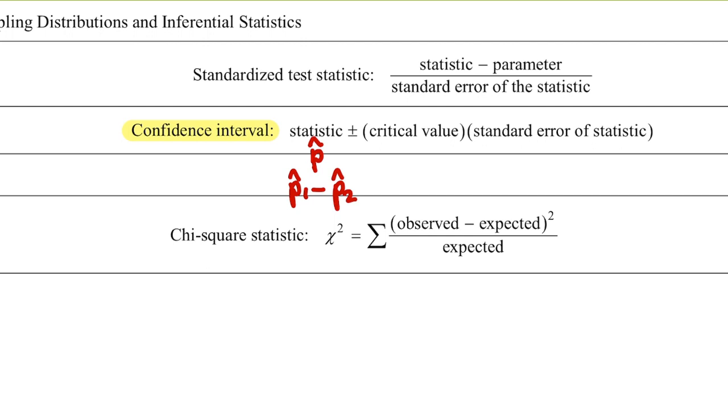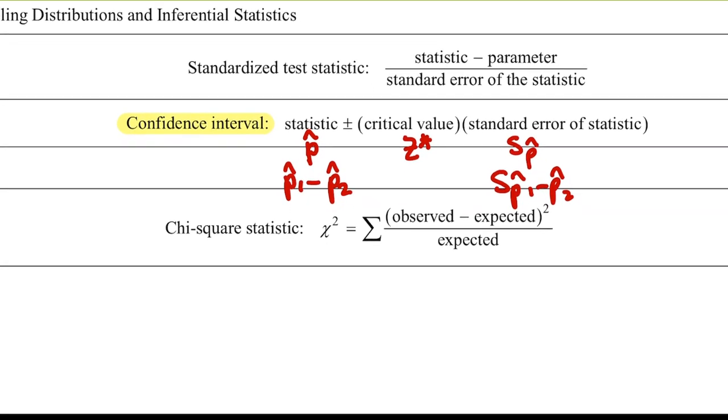And then we'll learn more than one critical value, but right now it's always a z star. And then your standard error of the statistic then is S of p hat or S of p hat 1 minus p hat 2. And we're going to learn a few more in this semester, but those are them for now. We'll worry about chi-square and the test statistic later.